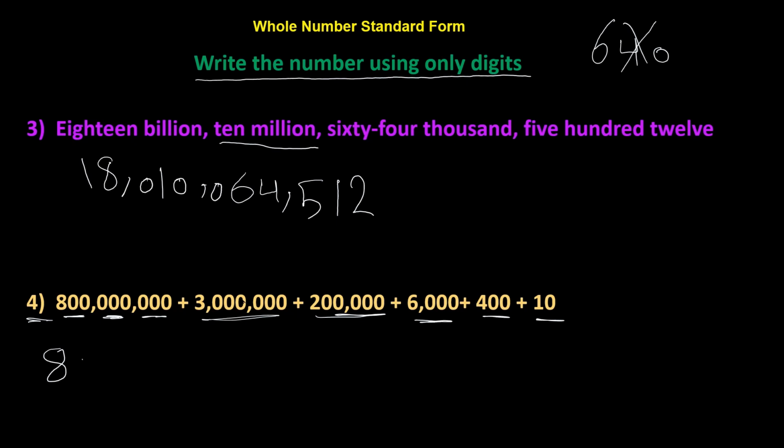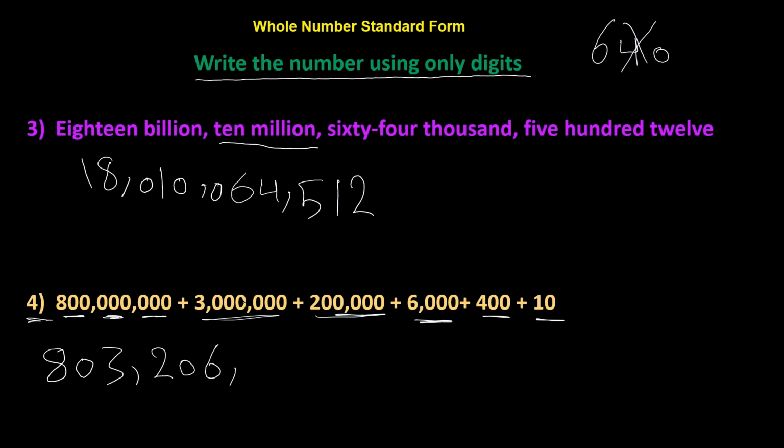So you will write 0 in 10 million and you write 3 in 1 million. So let's go to period of 1,000. Here you have 200,000. Write it 200,000. What's after 100,000? Exactly, 10,000. Do you have 10,000 here? No, only we have 6,000. So you will write 0, then 6 in 1,000.